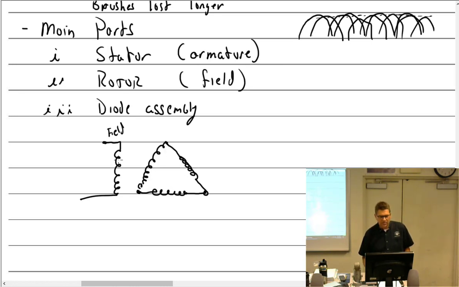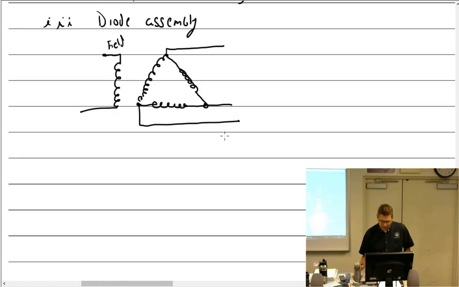So field rotates. That is my rotor. Here's my armature with 3 windings on it. And I'll pick these windings off and run them to a diode assembly. So, oh boy, I really asked for it now. All right, so diode assembly.